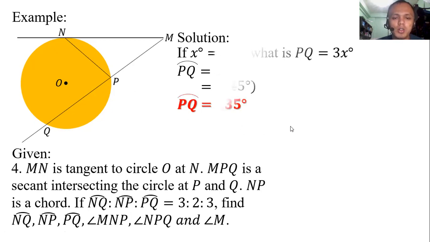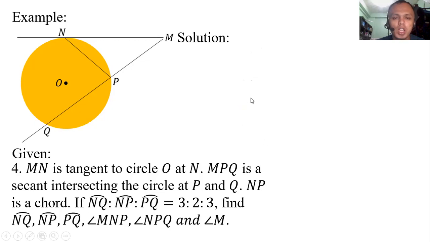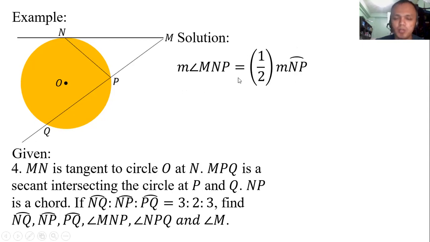Okay? Now, proceed naman tayo kay measure of angle MNP. Angle MNP is equal to half of the measure of arc NP. Paano nangyari? Asan si MNP? Ito yon. So dito papasok tayo sa inscribed angle. So yung intercepted arc niya is arc NP.